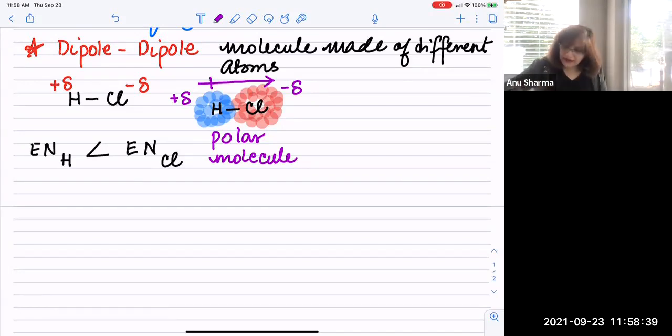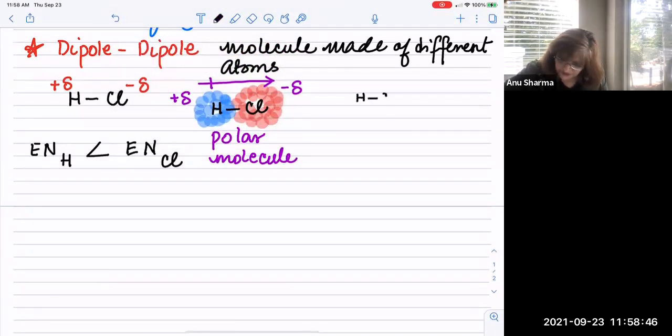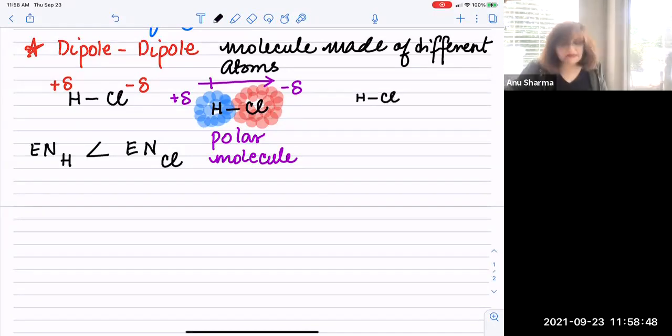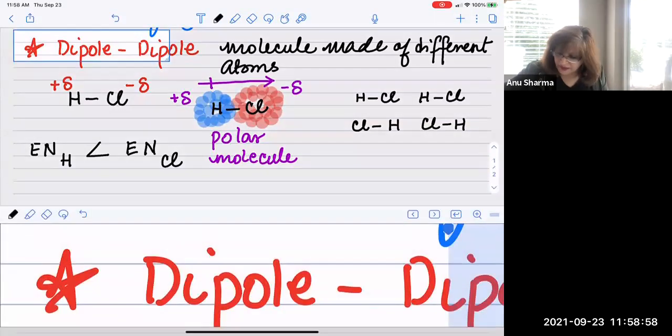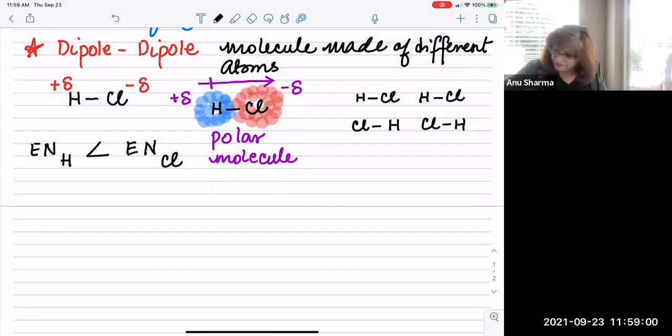Now, how does it align? Every hydrogen is close to the chlorine. So here's this hydrogen, and this is chlorine. The bond is not going to break; it's just the way they sit with each other. Hydrogen here and chlorine here, hydrogen here and chlorine here.